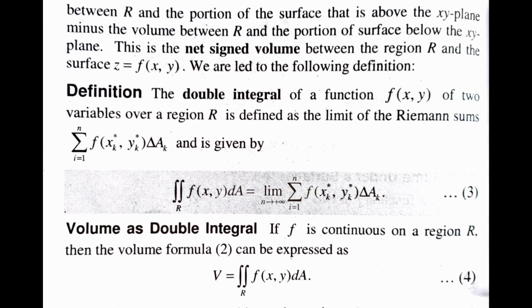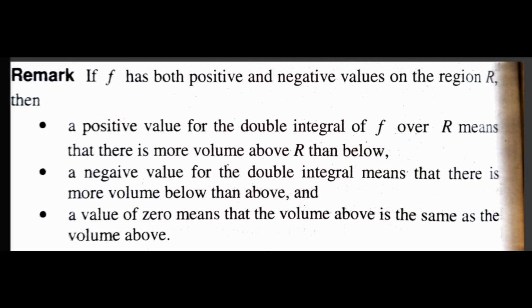Volume as double integral. If f is continuous on a region R, then the volume formula can be expressed as V equal to double integral over R f of xy dA. Remark: if f has both positive and negative values on the region R, then a positive value for the double integral of f over R means that there is more volume above R than below.